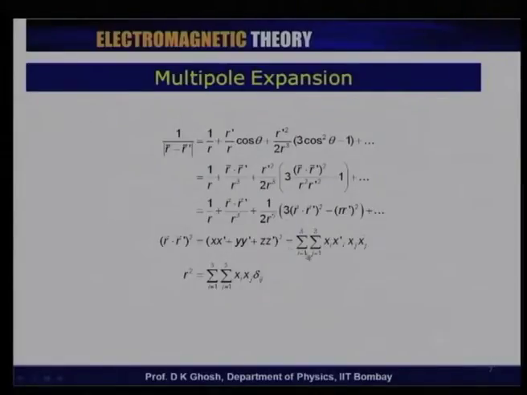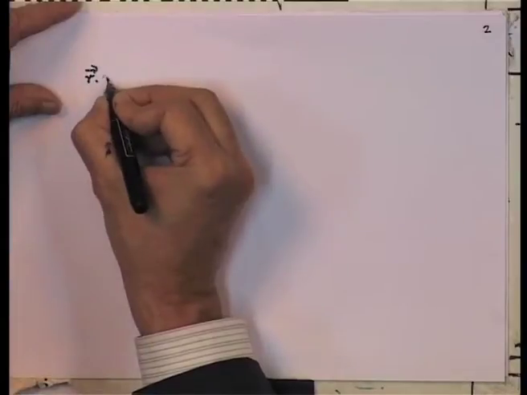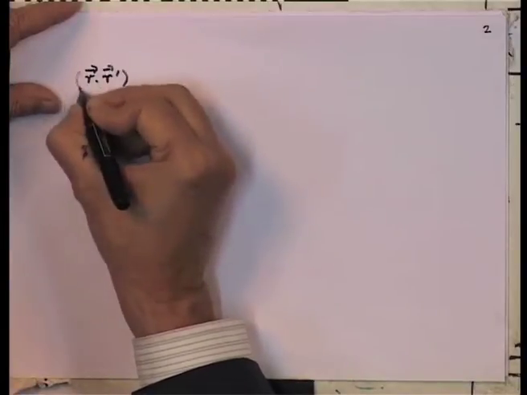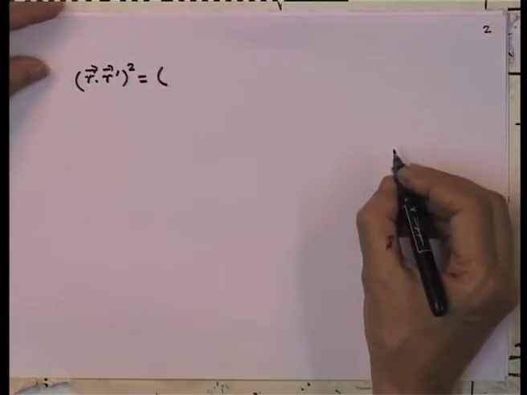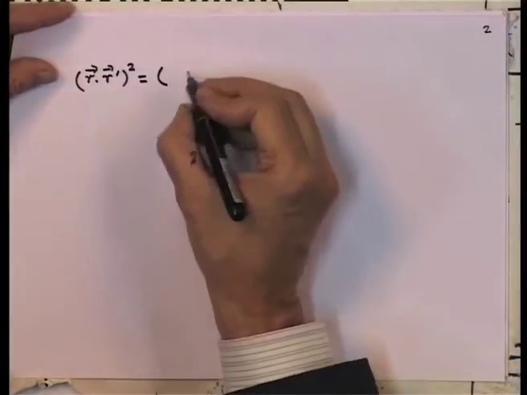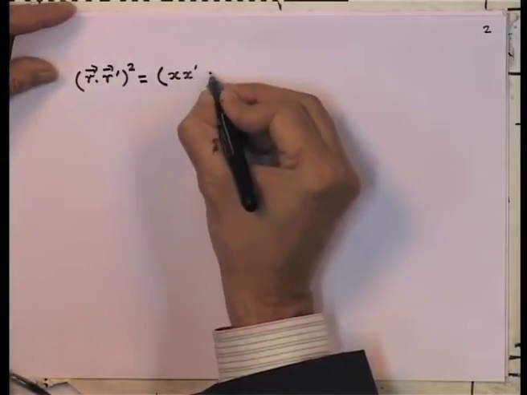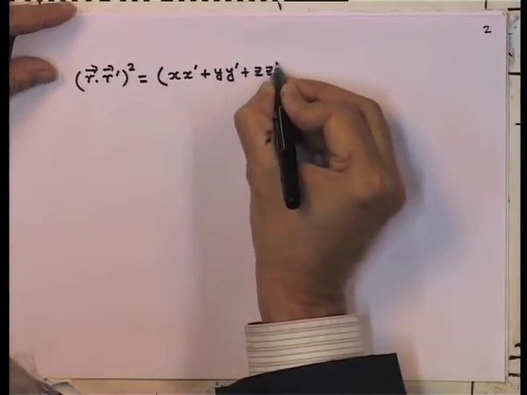Now, let us look at the structure of this equation. Notice r dot r prime square. Let me write this in Cartesian coordinates. Let us assume that the components of r are x, y, z and that of r prime are x prime, y prime, z prime. So, I get (x x prime plus y y prime plus z z prime) whole square.